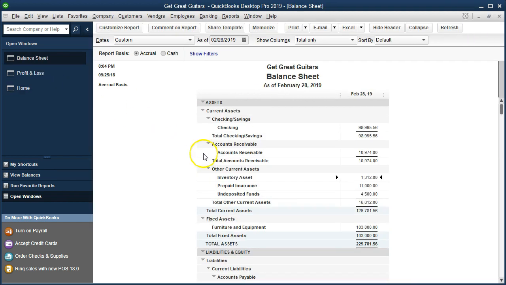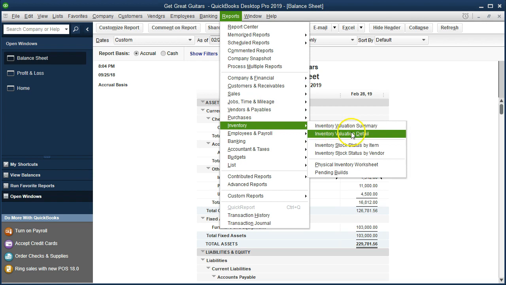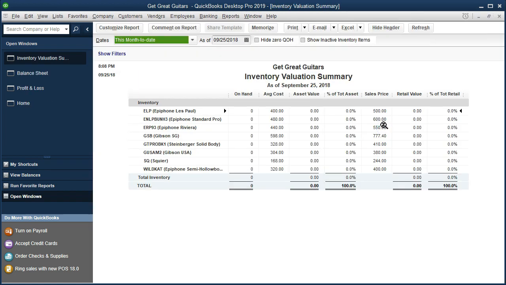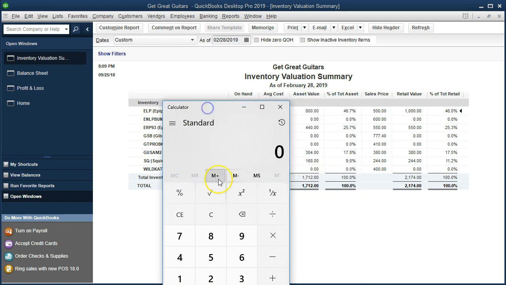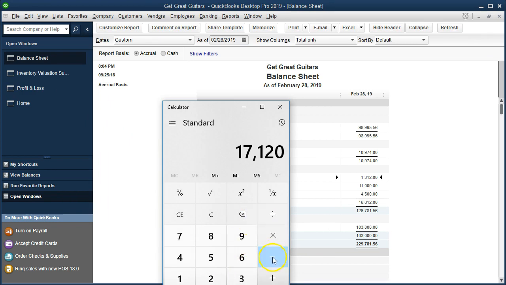Also note that when we go back to the balance sheet here in the open windows, the accounts receivable should be correct, but now this inventory, if we go to our report for the subsidiary account for inventory, our ledger, reports up top, if we go down to inventory valuation summary, as of 02/28/19, we've got the cost valuation here at 1712, and if we go back to our balance sheet, it's at 1312.